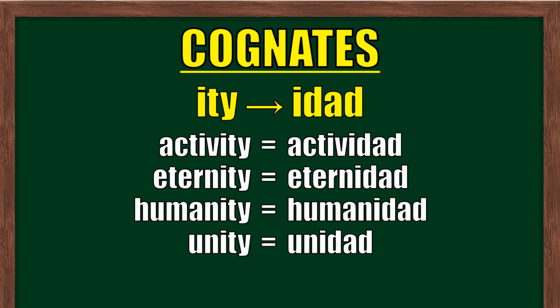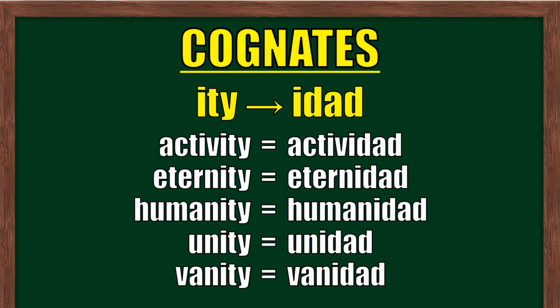Vanity, vanidad. The accent goes on the last syllable because these words end in D. And in Spanish, if a word ends in any consonant besides S or N, then the accent goes on the last syllable. Remember to give each of the letters a Spanish pronunciation. Actividad, eternidad, humanidad, unidad, vanidad.